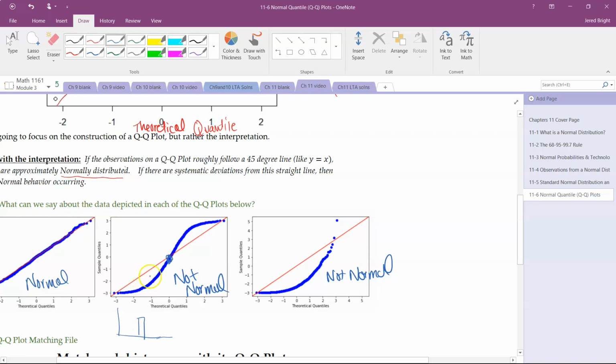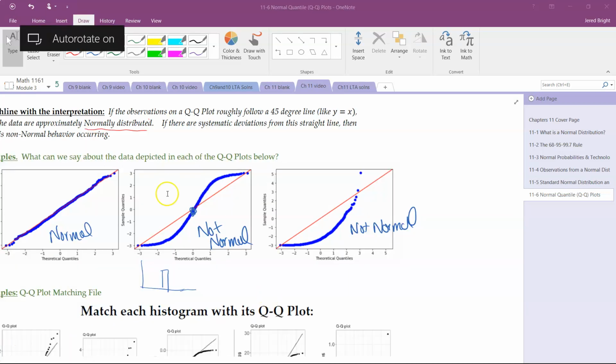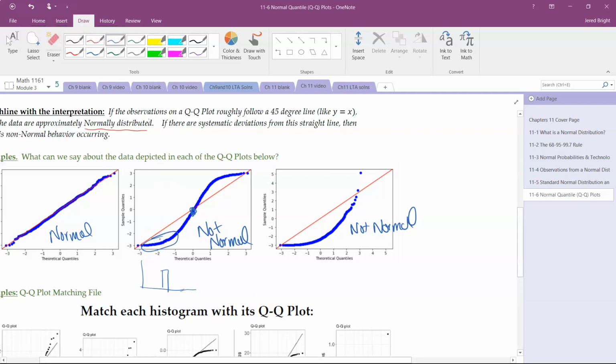So we have a mean, but then we have values that are significantly below it, lower than what we would expect them to be. After that tipping point, though, there's a lot of values that have a seemingly low sample quantile. So in the data set, there's a lot of values clustered around the extreme values that are small, and similarly above. So we would see something more along this sort of behavior.